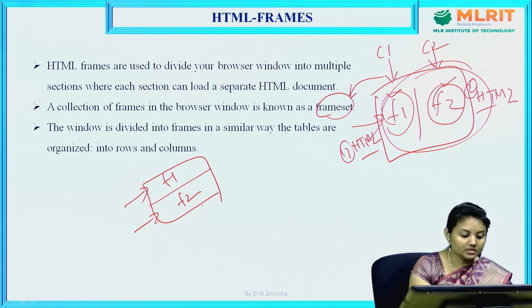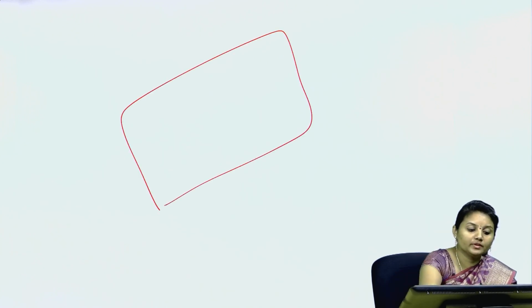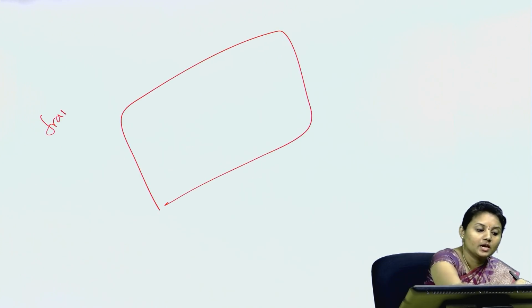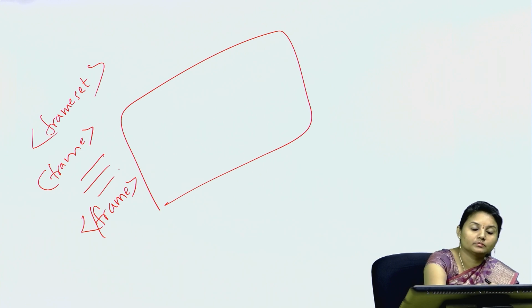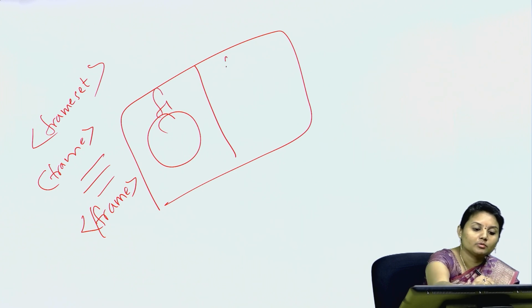In such a way you can divide the complete window. Take a frameset, and inside that you will write a frame tag. In this frame you will write your source, whatever frame you want to define. So this is frame 1 and this is frame 2.